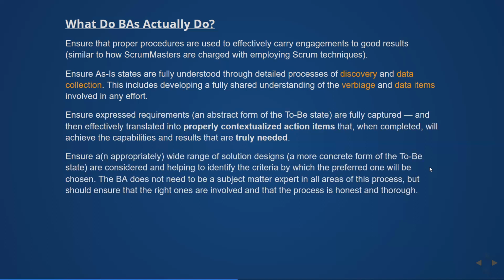So the next phase, once you've identified requirements, is to come up with a range of designs that solve the problem. And you also help identify the criteria by which they'll be judged and the best one chosen. Now, it's not always true that people will consider a lot of different ways to solve a problem.